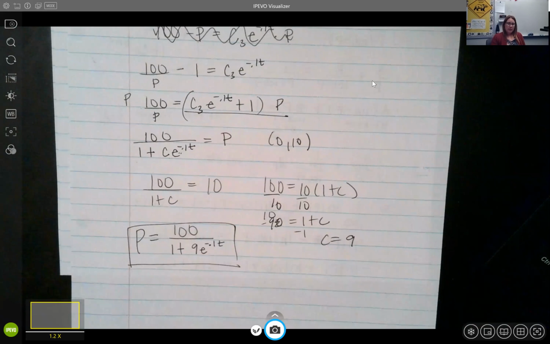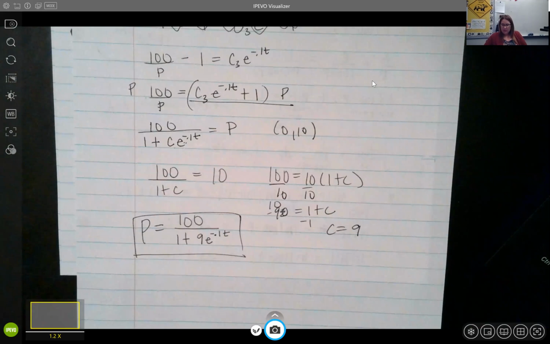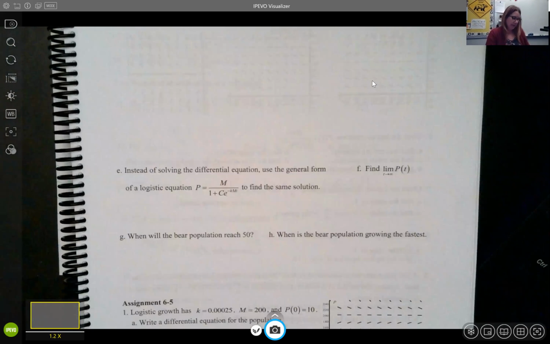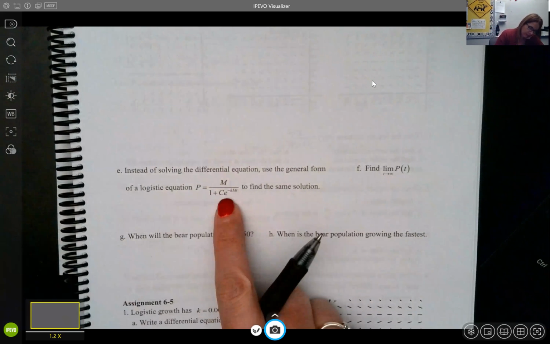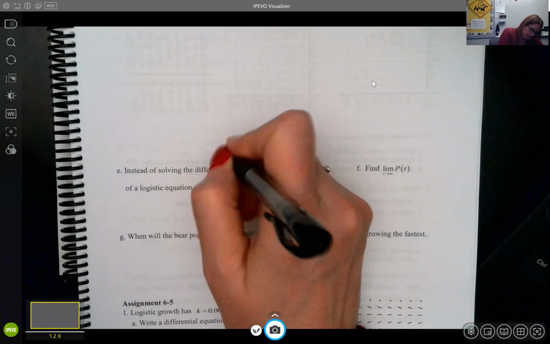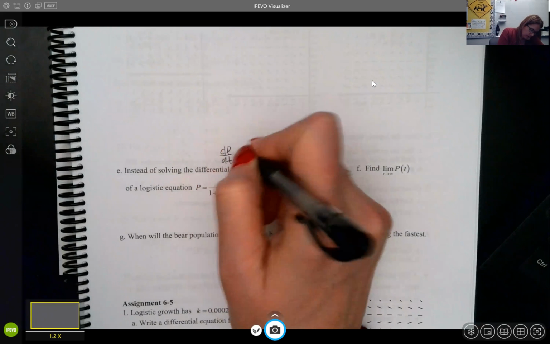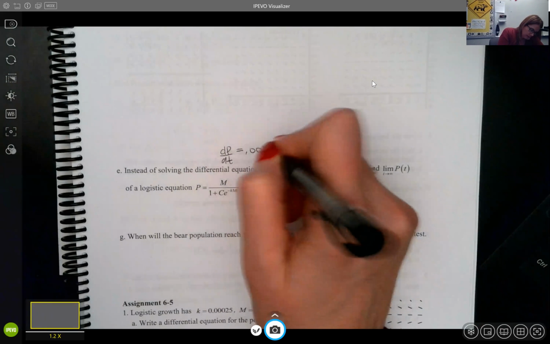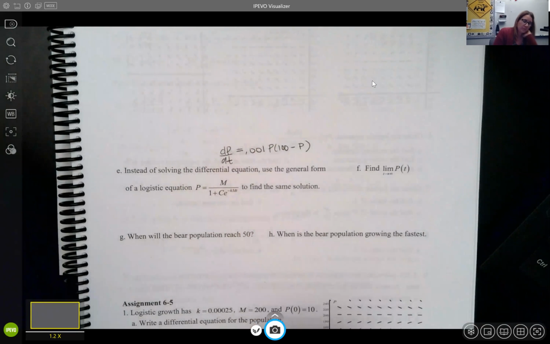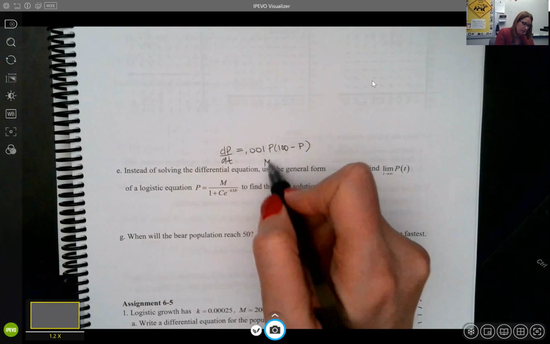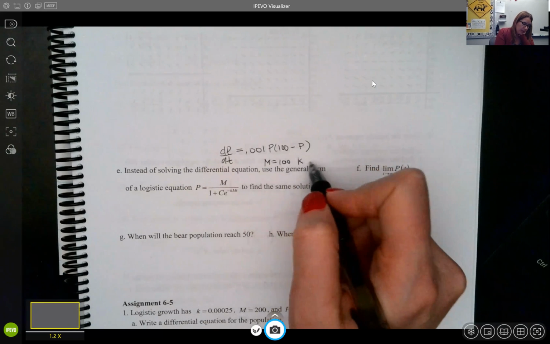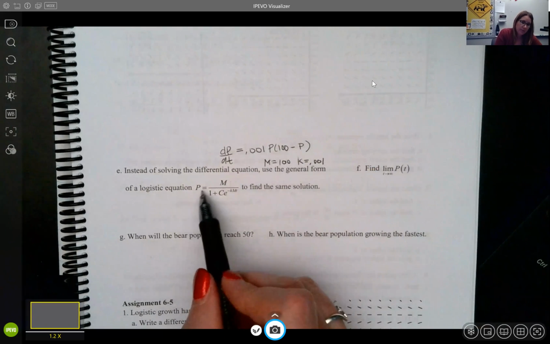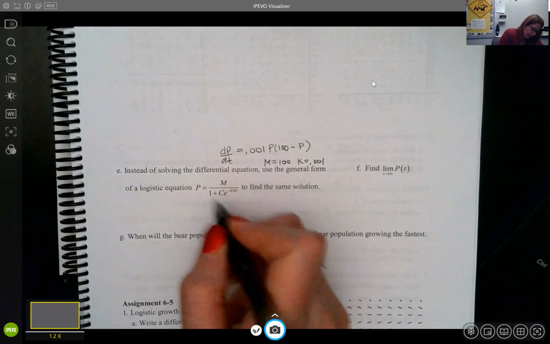Now, the other way that we could solve this is by using the formula that we know, since we knew the differential equation. I know m is 100, and I know k is 0.001. So using this equation, if I have this one memorized, I can just go straight to here.